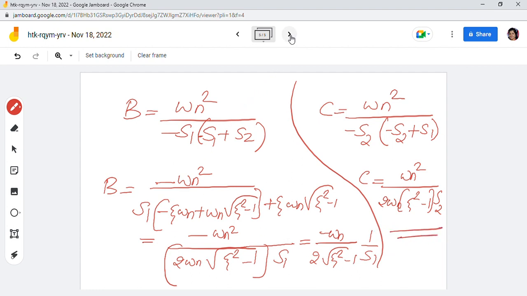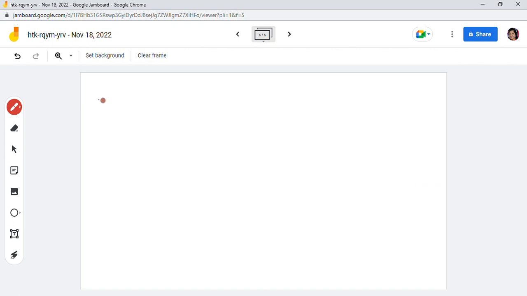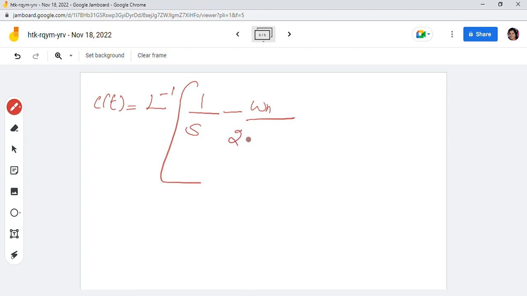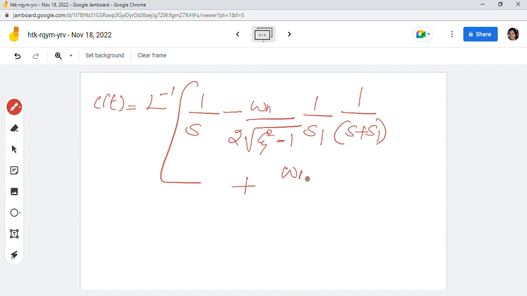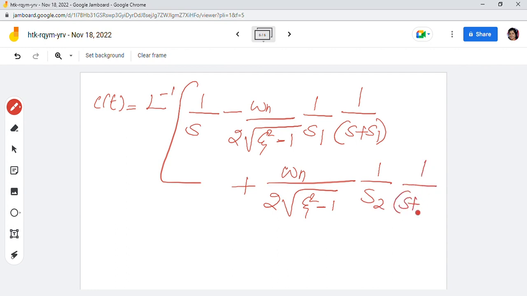Now we can substitute for c of t. Now c of t is equal to the inverse Laplace transform of 1 by s minus omega n divided by 2 into root of eta square minus 1 by s1 into 1 by (s plus s1) plus omega n divided by 2 into root of eta square minus 1 by s2 into 1 by (s plus s2).